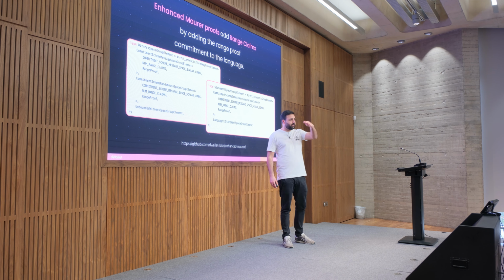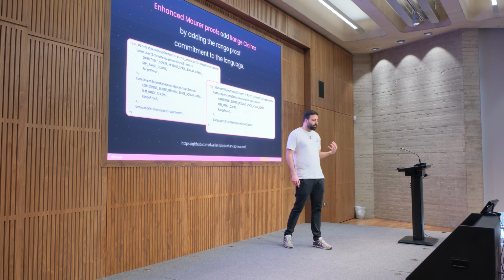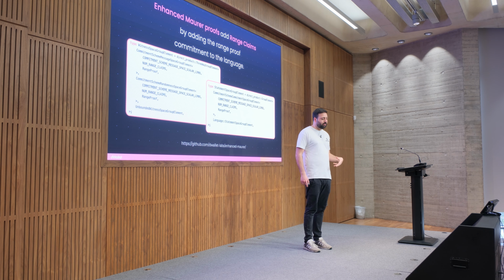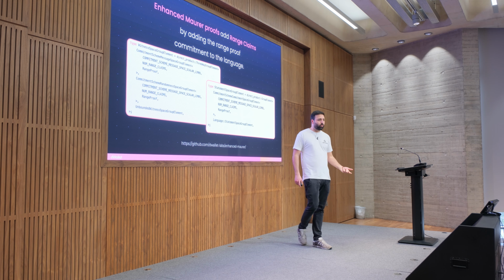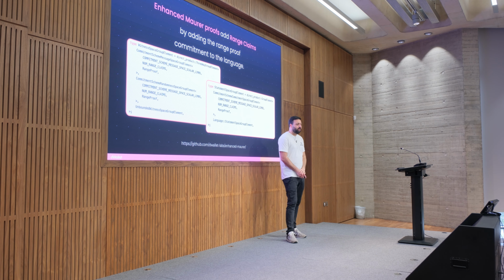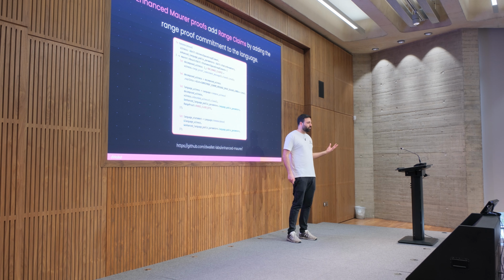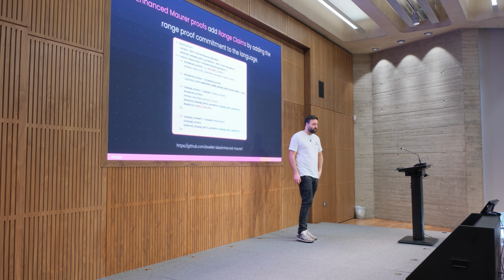And it always maps onto the statement, which is the commitment of the commitment scheme, and the statement of the language that you want to wrap by adding range claims. And the idea here is that this commitment is going to match the range proof commitment over which you are proving the range.